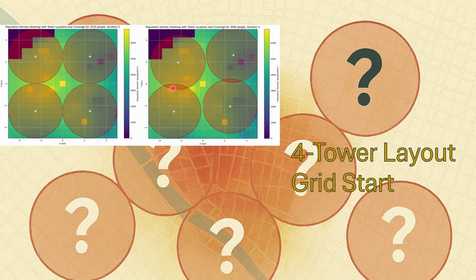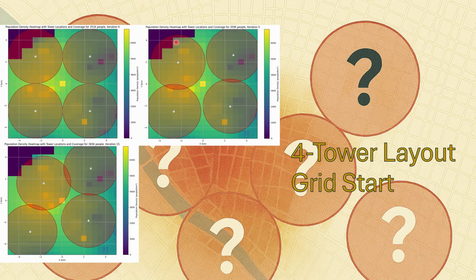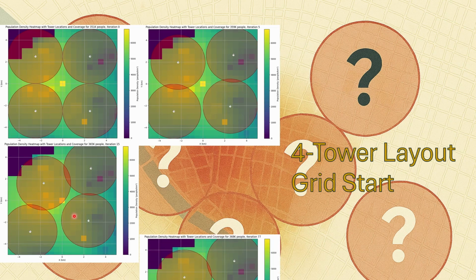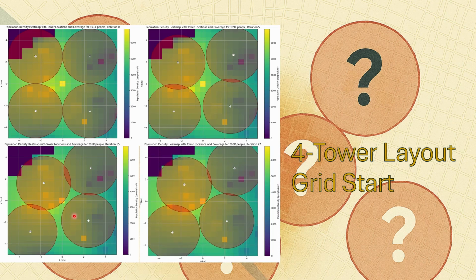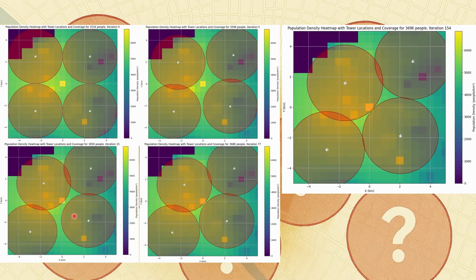We moved away from the North Sea. Iteration 15, starting to get that diamond appearance once again, which I think is neat. And that continues to be manifested as we move on to iteration 77. We're now at 368,000 people covered. And finally, stagnation occurred at iteration 154 for 369,000.